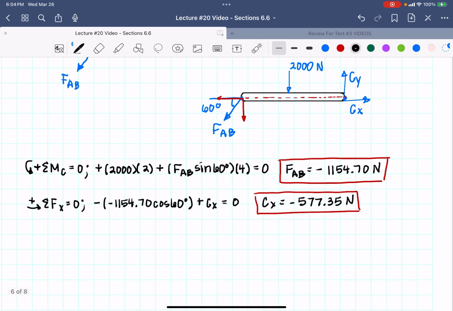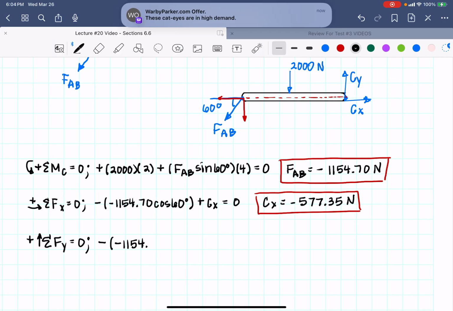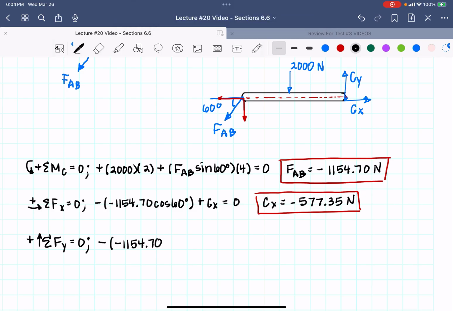And then my last equation, I'm going to sum forces in the Y direction. I'm going to have the FAB is going down, and it is the vertical component, but remember it is negative, so it's actually going to be positive, times the sine of 60.